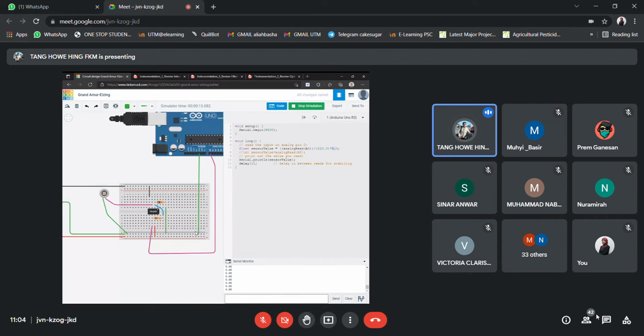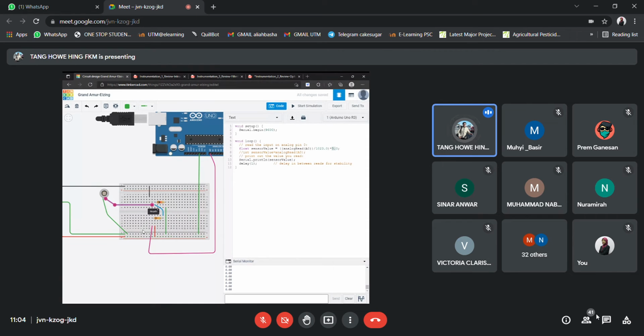So, yeah, I think the inverting amplifier is not a very good way.